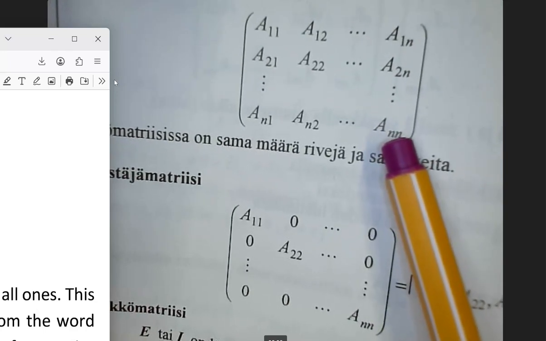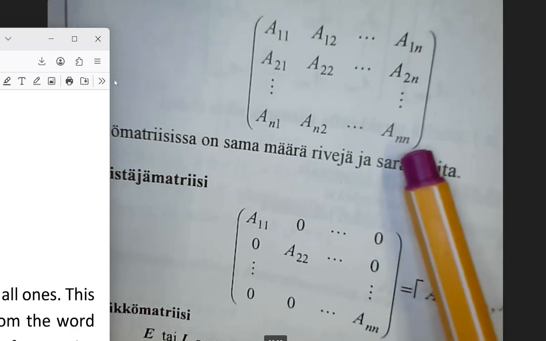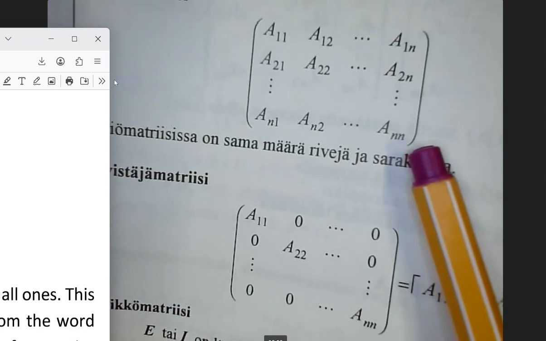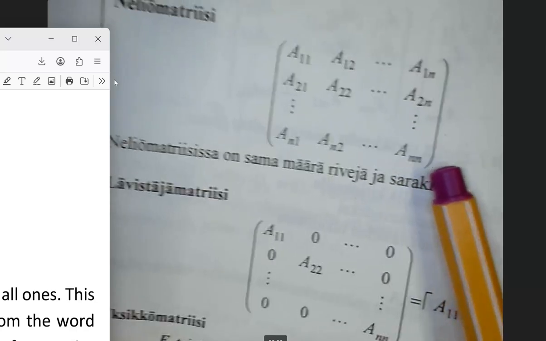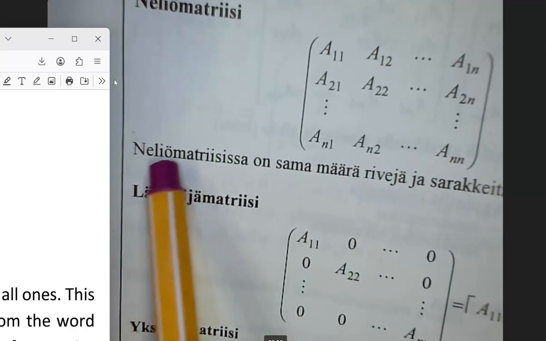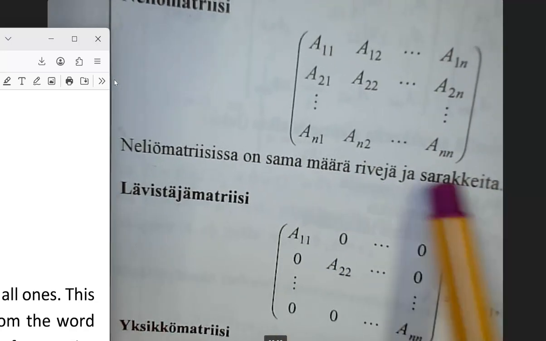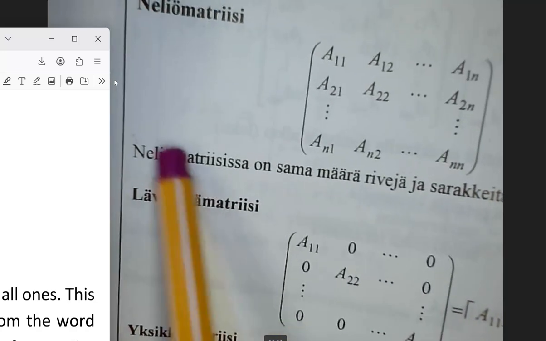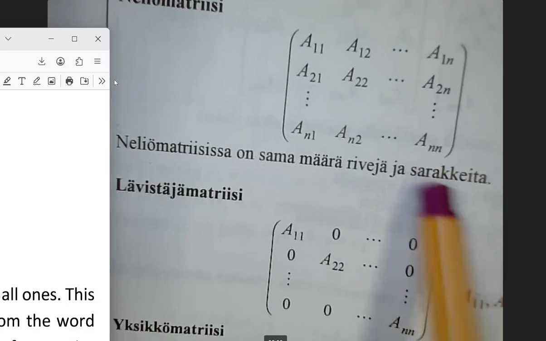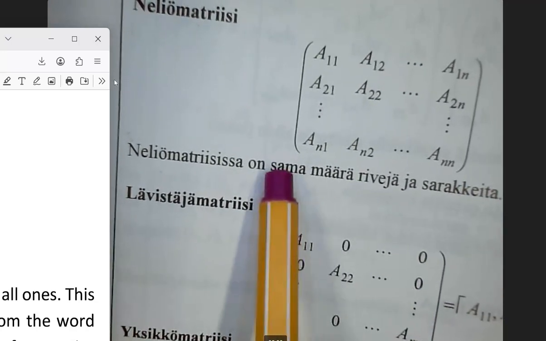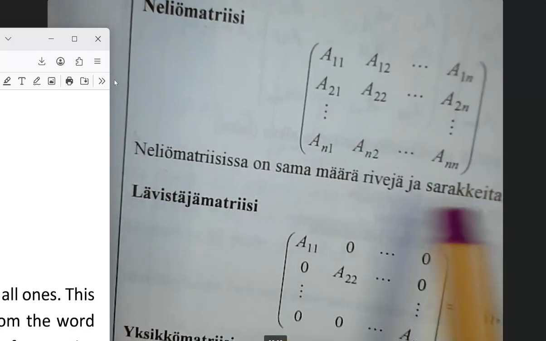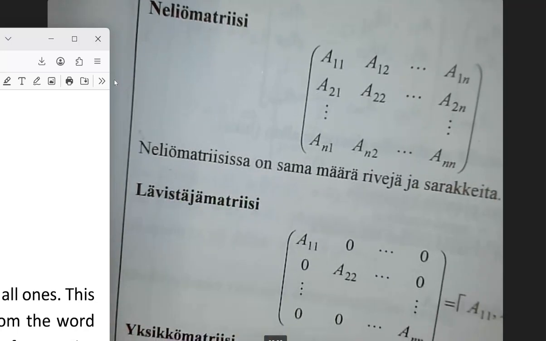This means it is in the nth row and nth column, so there has to be the same number of rows and columns. This is exactly what is said in this line: Neliömatriisissa on sama määrä rivejä ja sarakkeita. Rivi is row and sarake is column. Sama määrä, same number of rows and columns. And this was the square matrix.